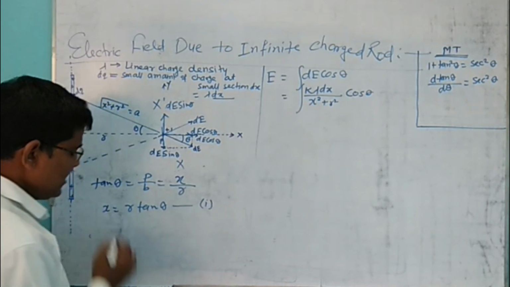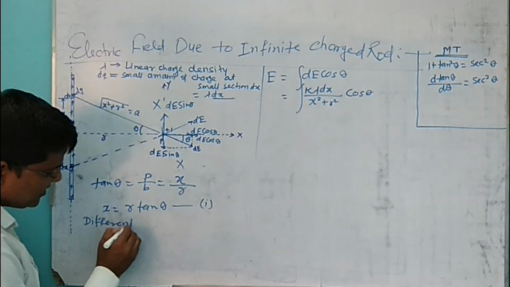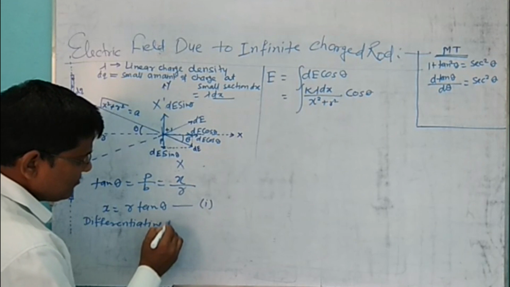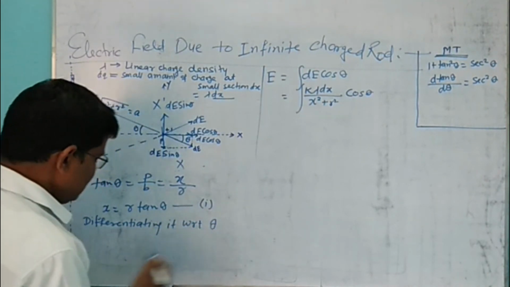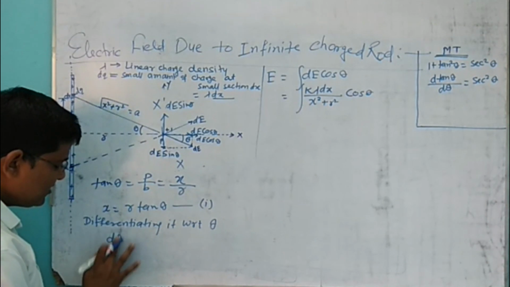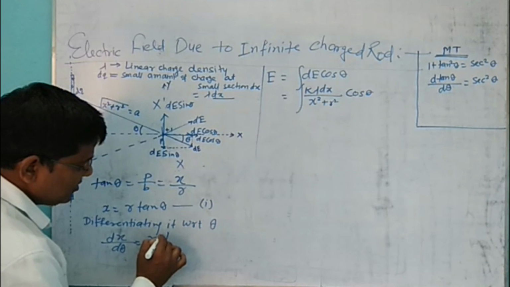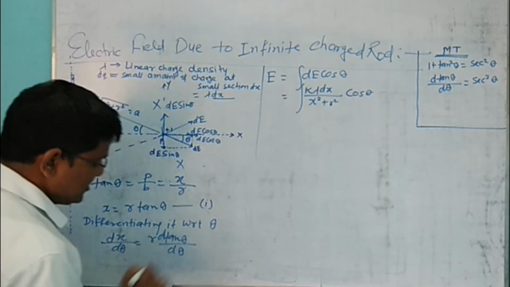Then x equals R tan theta. Equation 1. And differentiating it with respect to theta, then dx by d theta is equal to R d tan theta by d theta.